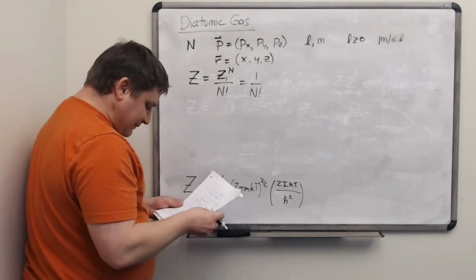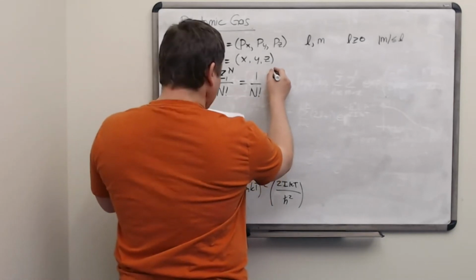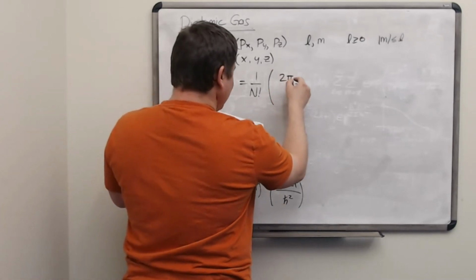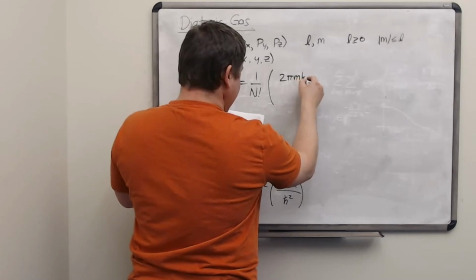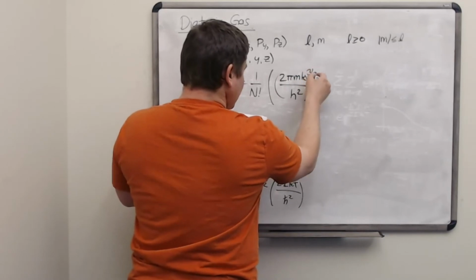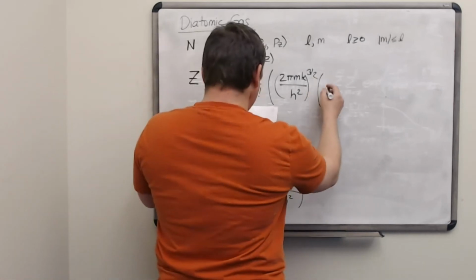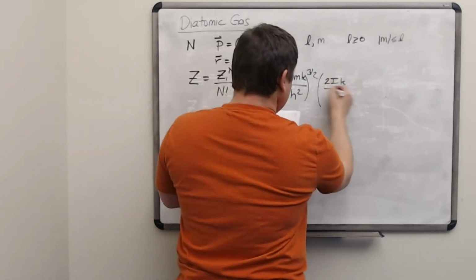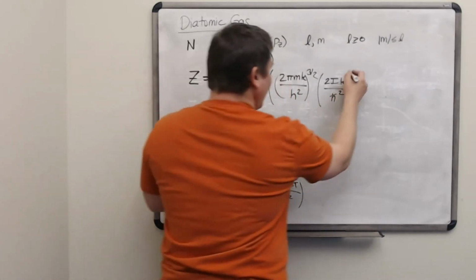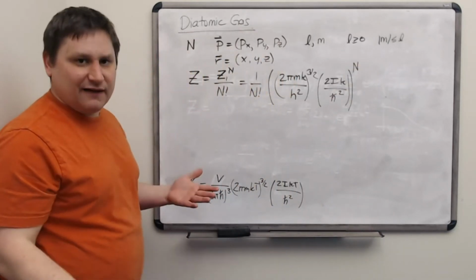So the way I got this set up is to distinguish what's kind of important here for thermodynamics and what's really not. So here we could have a 2 pi mk over h squared, that would come from this term, that's to the 3/2 power, and a 2I times Boltzmann's constant over h bar squared. All that stuff is just constants that specify the microscopic properties of the molecule, right?